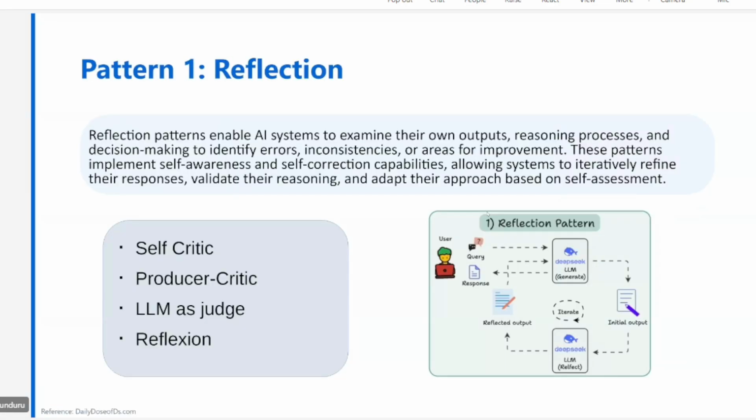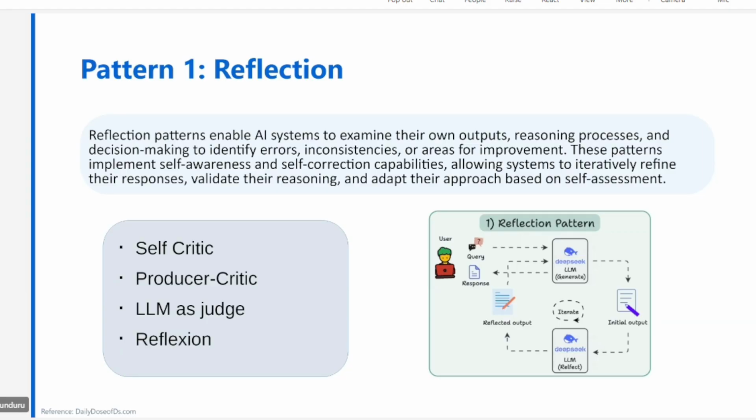So, the reflection pattern. During this entire flow, in case we want more accuracy, the responses of the agents, the RAGs or LLMs are measured for how accurate they are using various metrics.